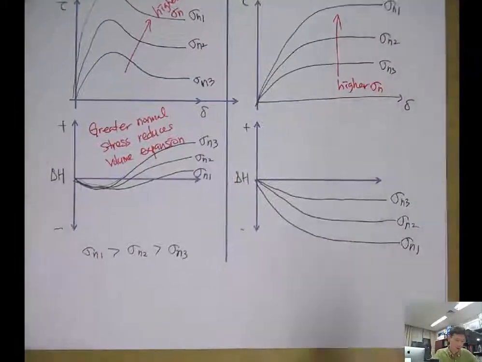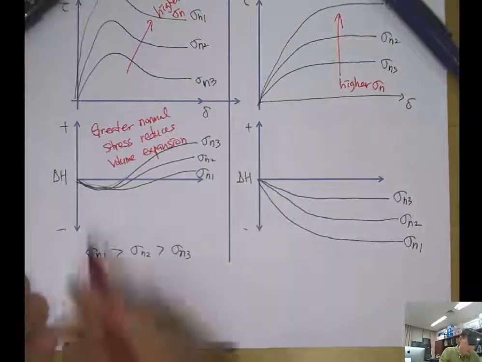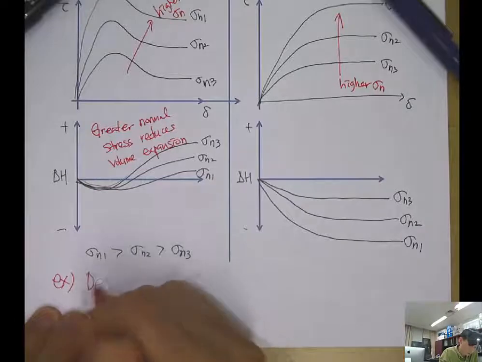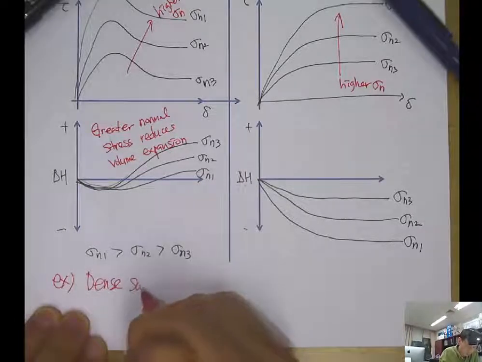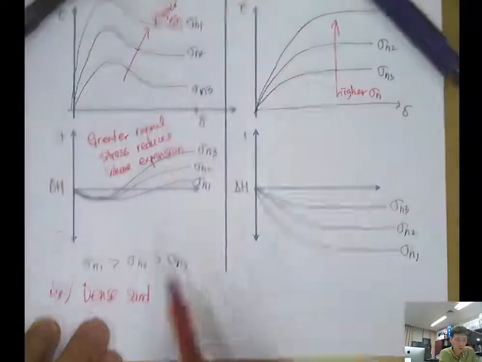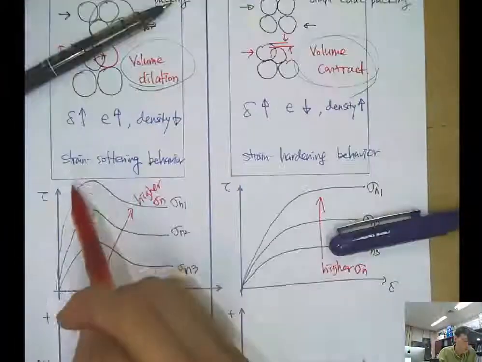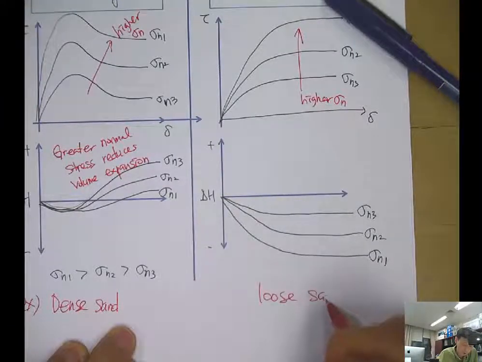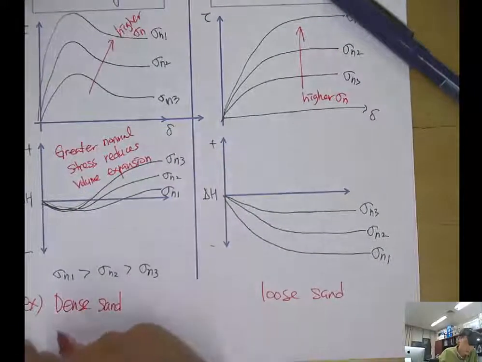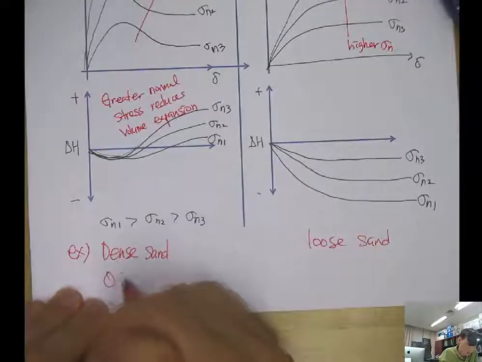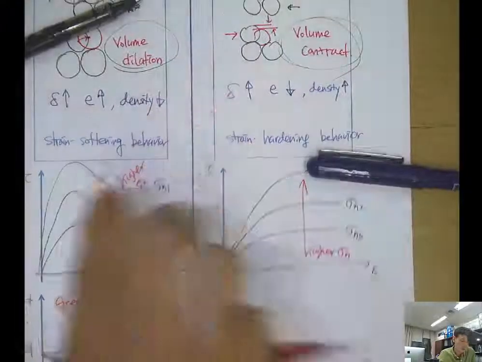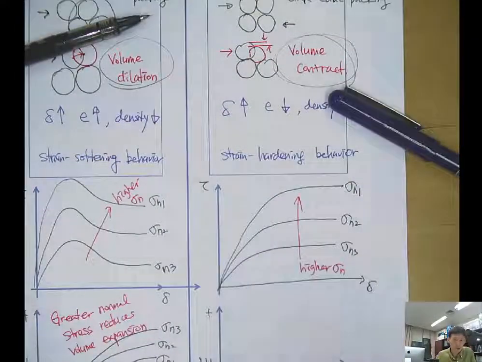And the example of this kind of soil is dense sand. When you shear the dense sand, it will show this kind of post-peak behavior and strain softening behavior. Here, loose sand. And think about clay. OC clay shows this kind of strain softening behavior and dilation behavior.